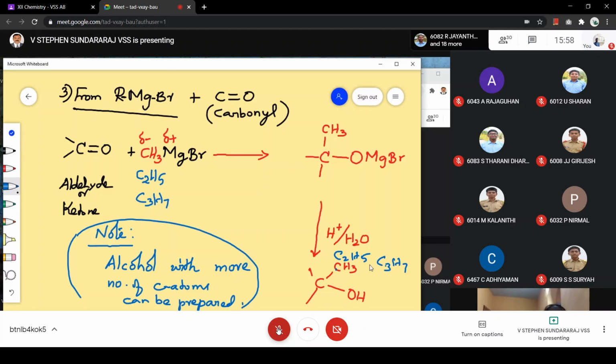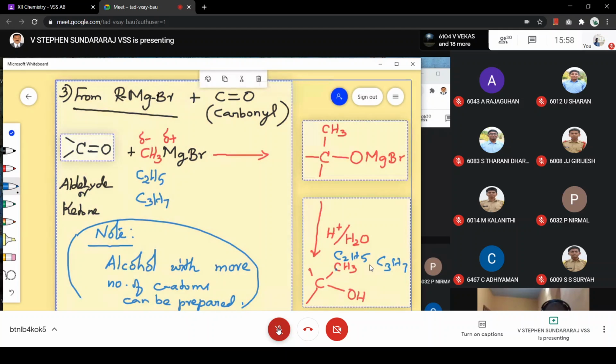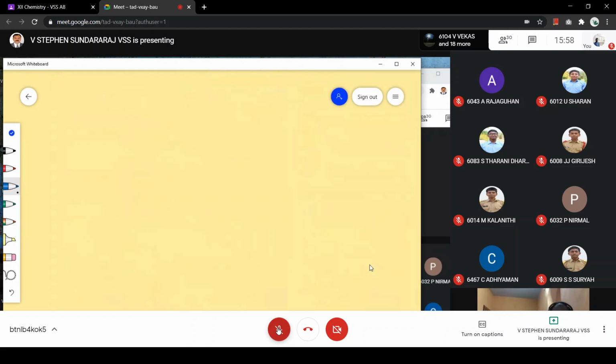This is a very good question. I am removing this page here just to understand how you have to think. Learn that systematic method. Question in the exam: how will you convert acetaldehyde into isopropyl chloride or bromide?